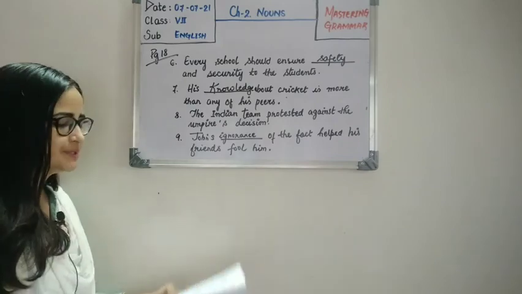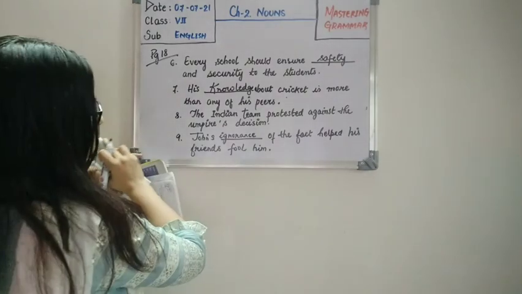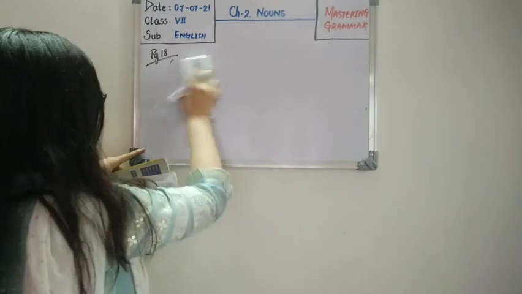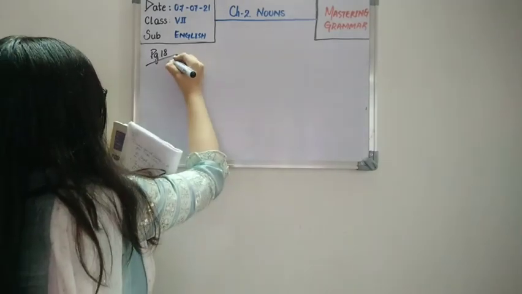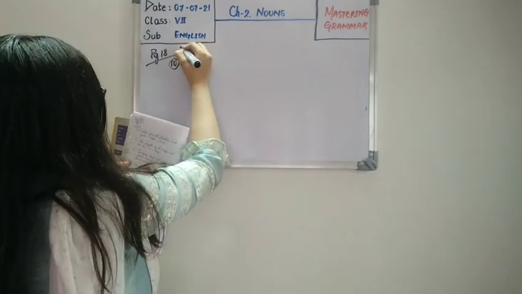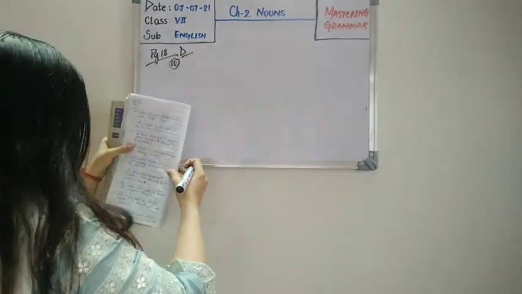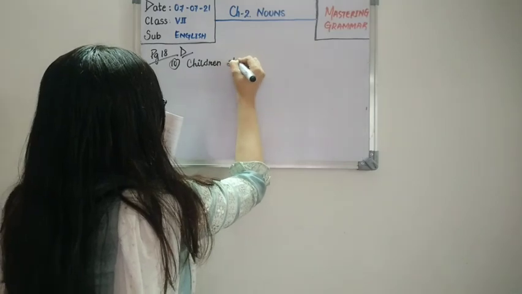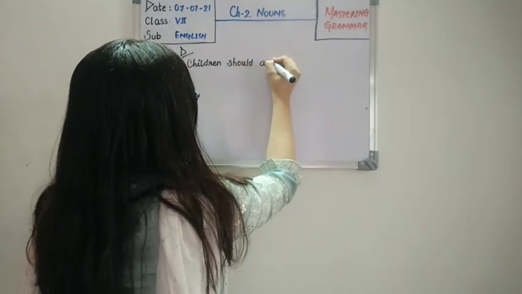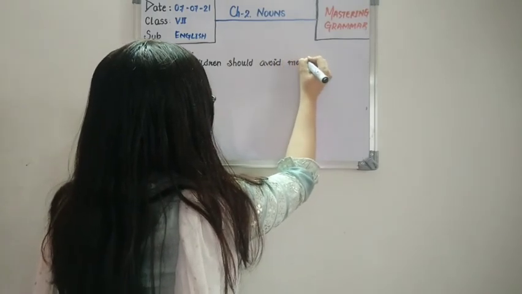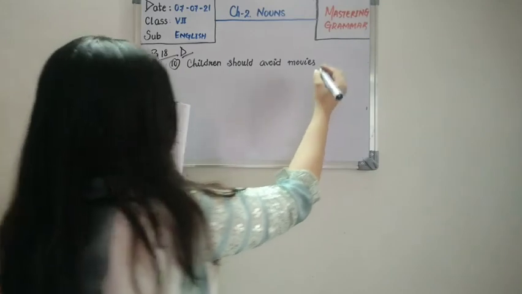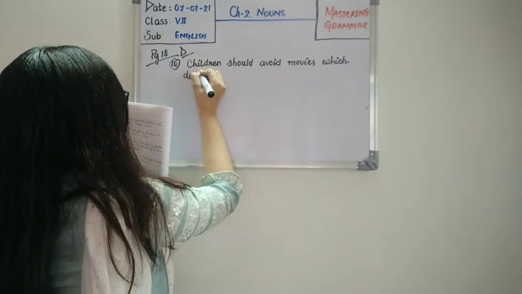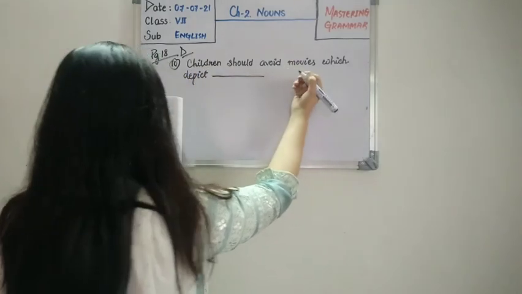Okay children, moving to the last number, number 10, of this same exercise D. Children should avoid movies which depict, here meaning show, dash.